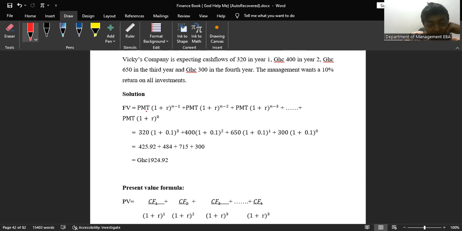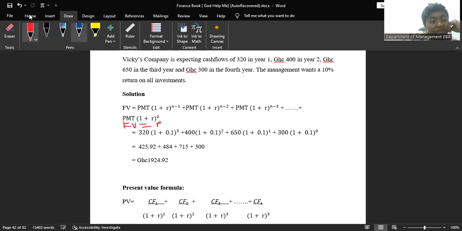So now let's look at this. There's the formula, right? And this is for 4 years. So if this is for 4 years, it means that the formula is going to be a future value. There's a general formula. It's going to be what? The first year payment, PMT.